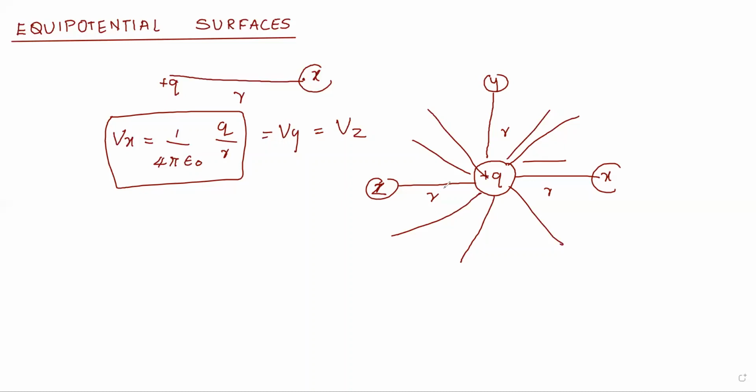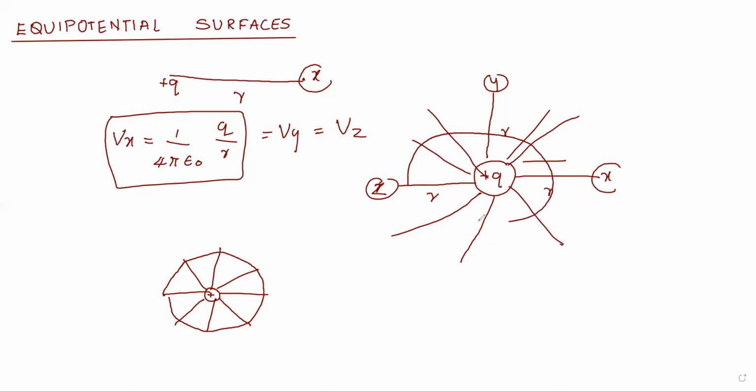And now if I join, I'll draw it here again. This is plus q. We have considered some points over here, x, y, z, a, b, c, anything you can call, which are at the distance of r from the q. Now if I join these points with each other like this, what will I get?